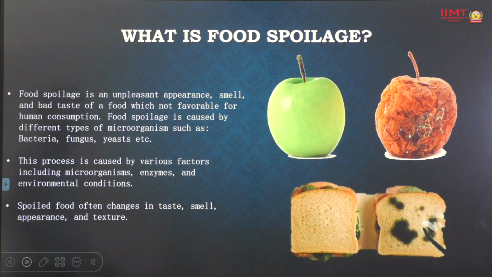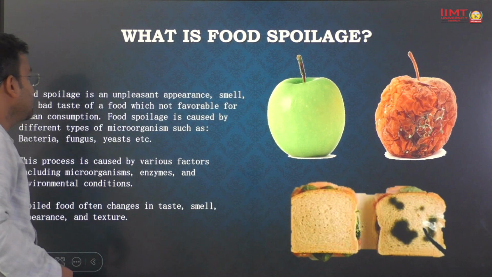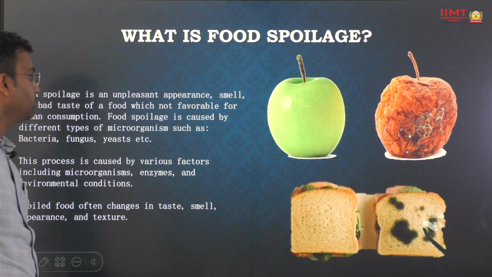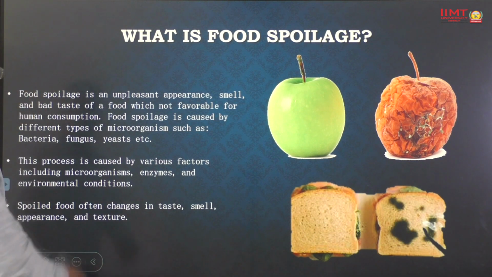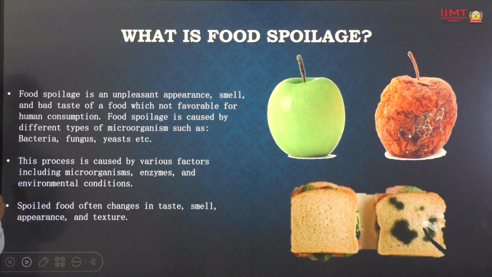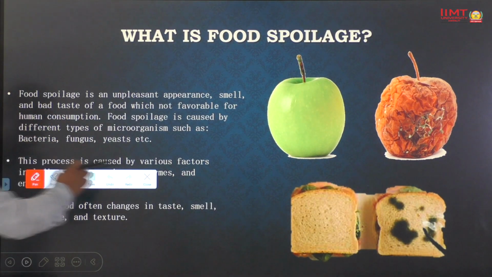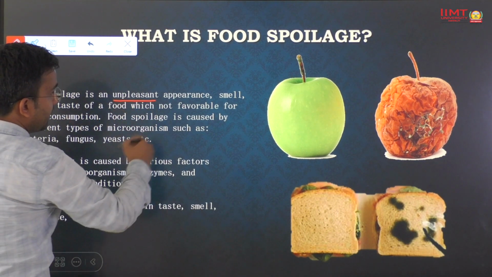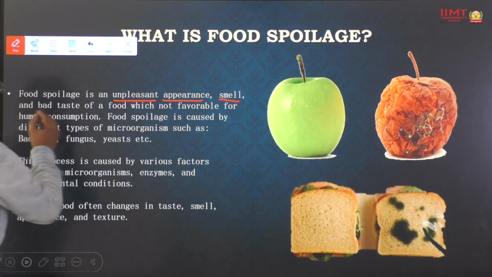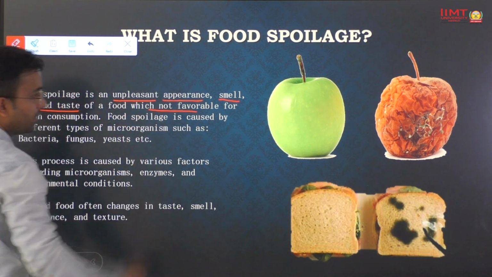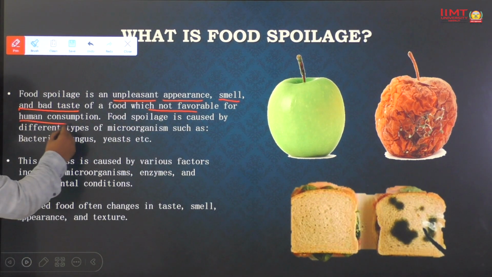So what is food spoilage? Food spoilage is an unpleasant appearance, smell and bad taste of food which is not favorable for human consumption.